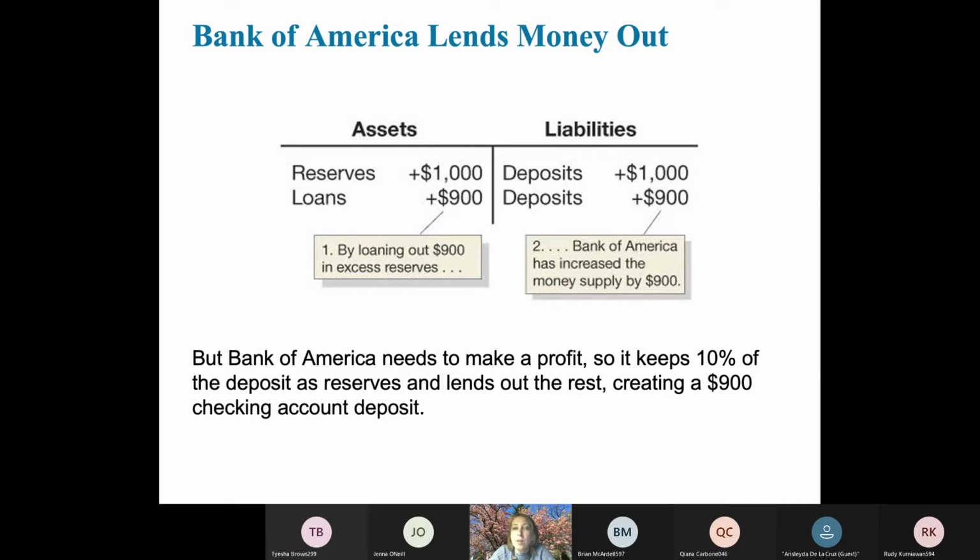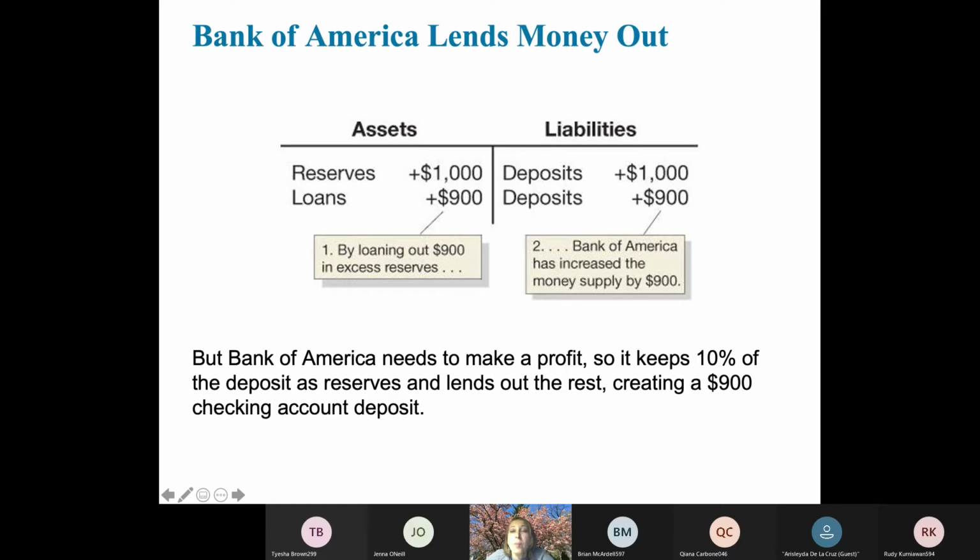So a small business mom and pop asked for a loan of $900. So the bank said, yeah, Johnny just brought us, or Rudy just brought us $1,000, right? And so a loan is issued to the mom and pop business in the amount of $900 because they have to keep the $100 on reserve, remember?